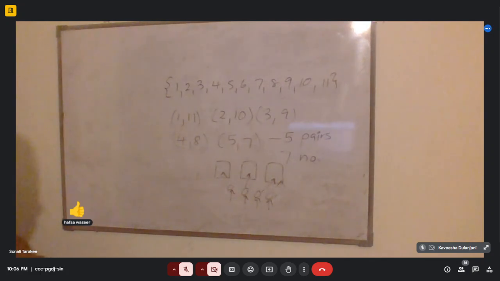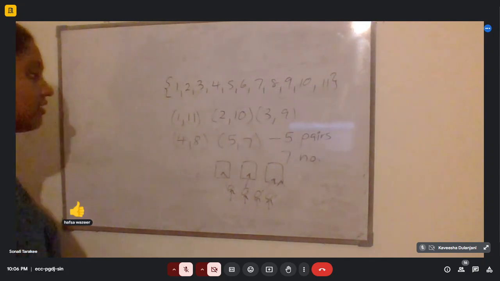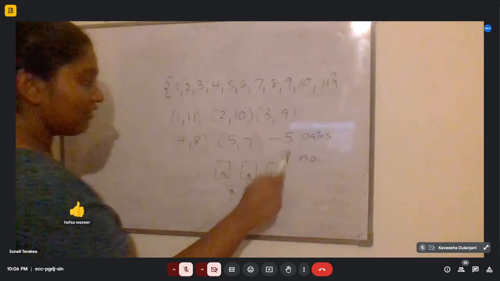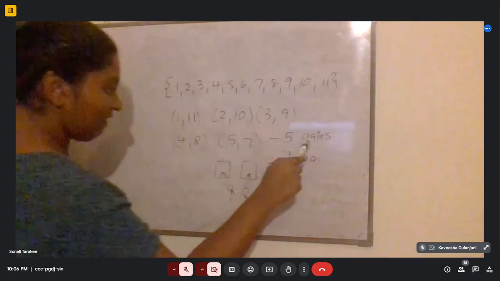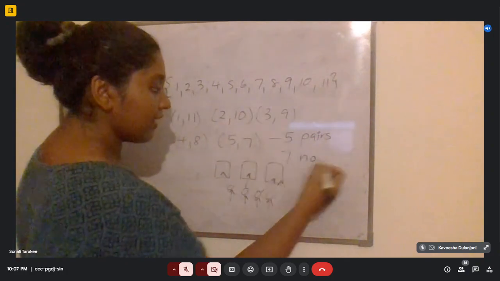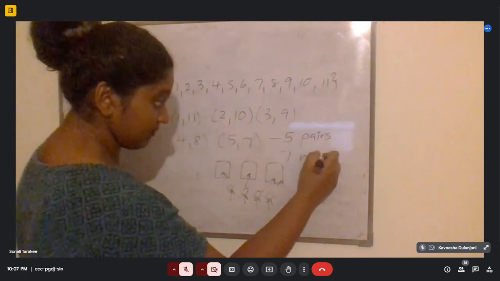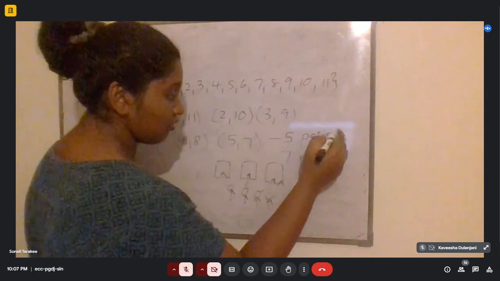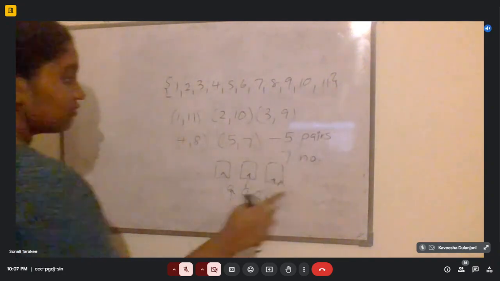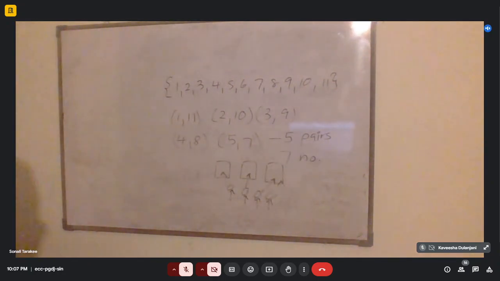Okay. If you can understand, then it's fine. So if we have 5 pairs and 7 numbers, what you have to write in the answer is, according to the pigeonhole principle, they have 5 pairs but 7 numbers. So there should be at least one pair which adds up to 12.